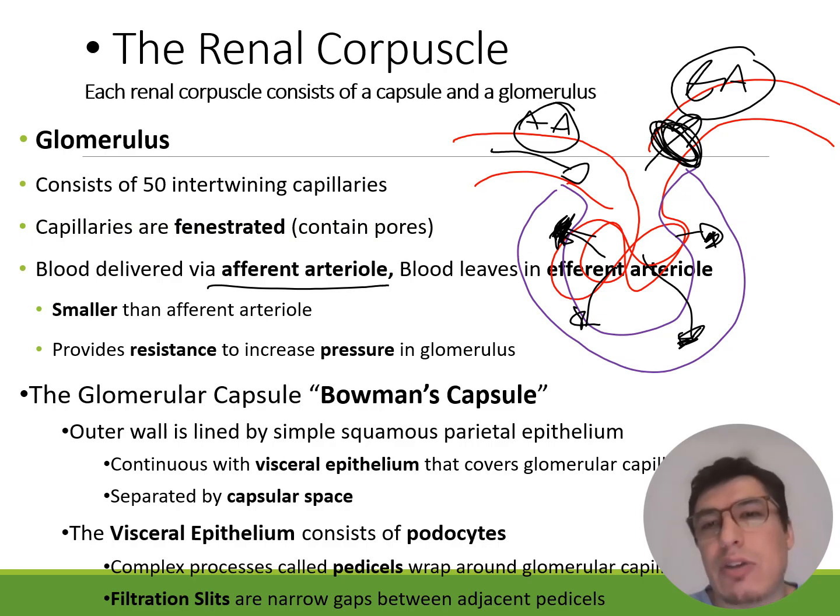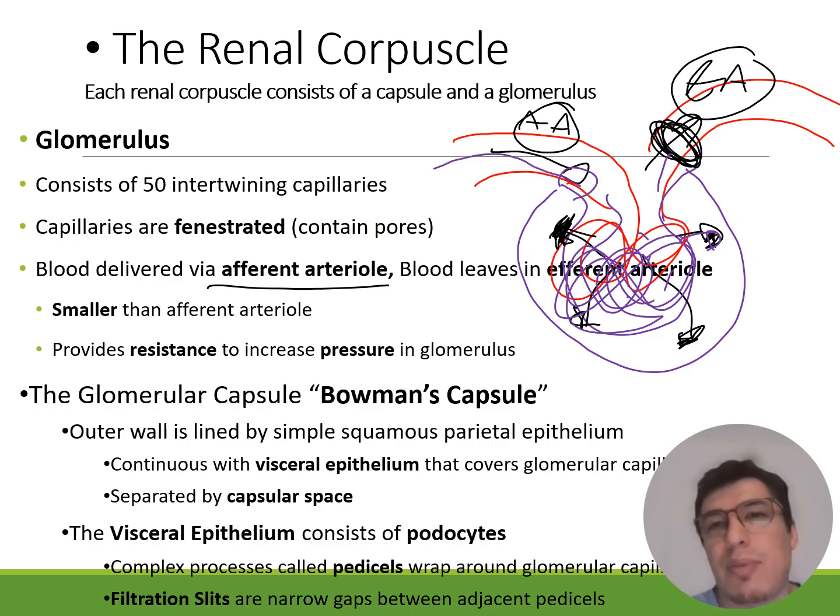If that efferent arteriole is smaller in size, you can see that there will be a backup of blood into this section, creating that pressure so that we can get rid of the waste. As blood is coming in, it will circulate through those capillaries, but if the exit is smaller, then it will create backup pressure, and that will lead to that filtration pressure.